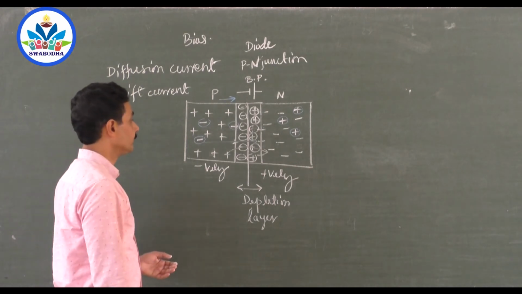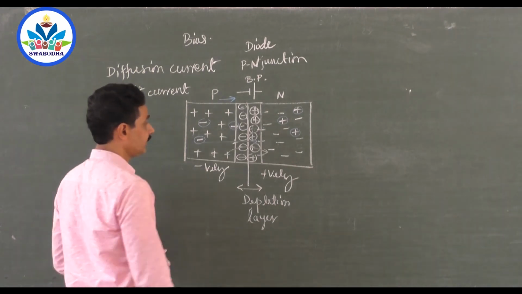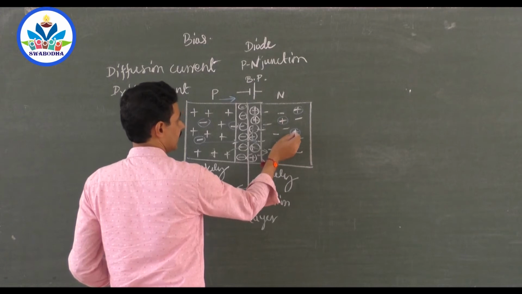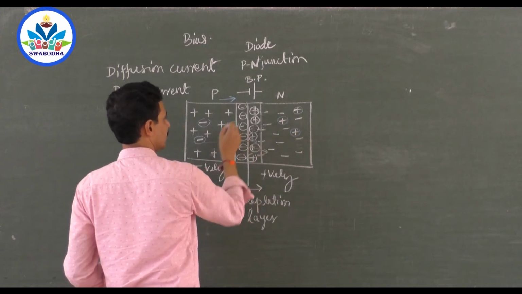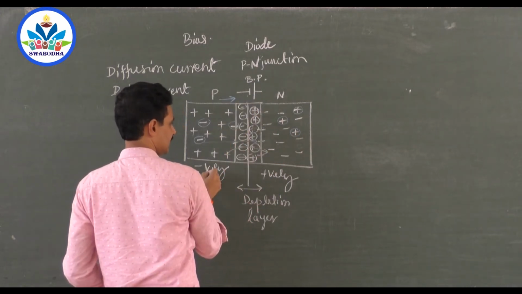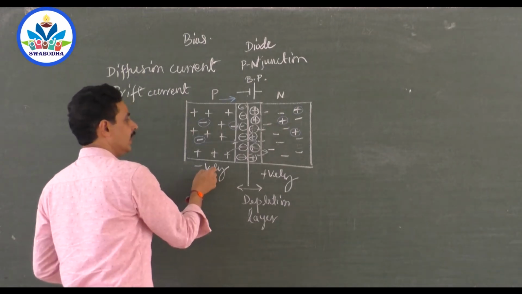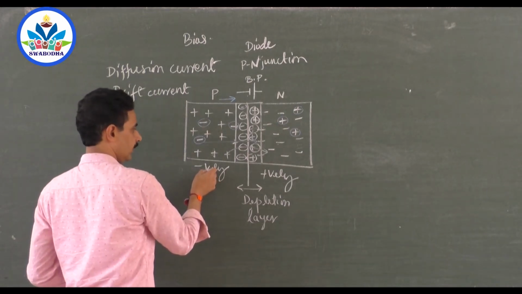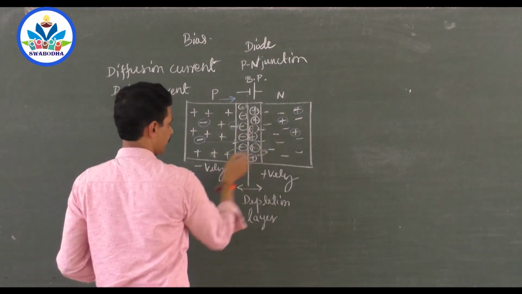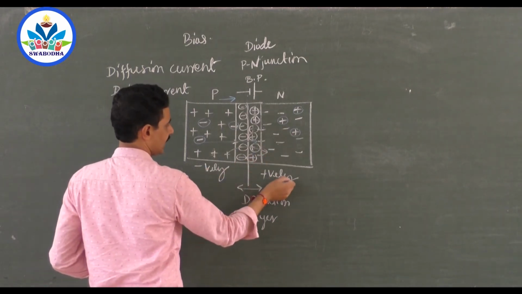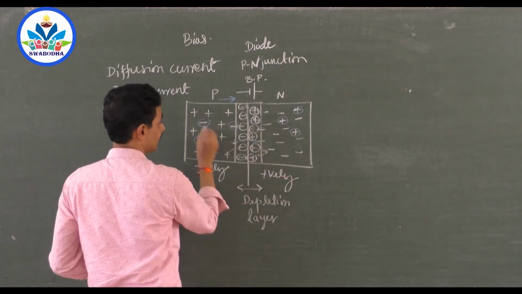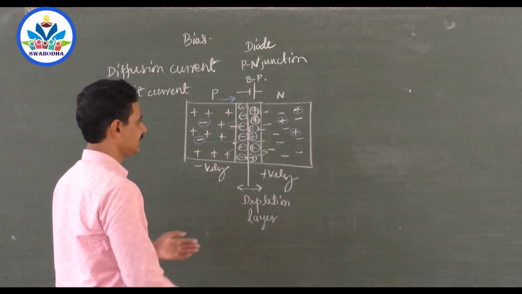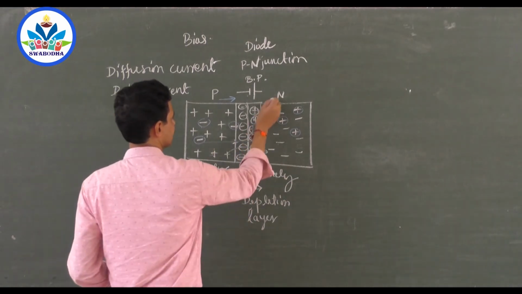Now how is the drift current? Drift current is because of the minority carriers. Positive charges will move to this side because this is negatively charged. The negatively charged part of the diode attracts these positive charges. The positively charged side will attract these negative charges. So there is a drift, and that current is like this. Am I right?